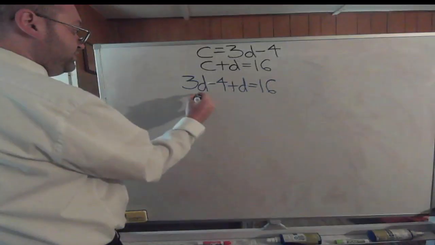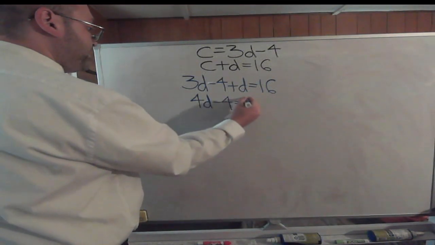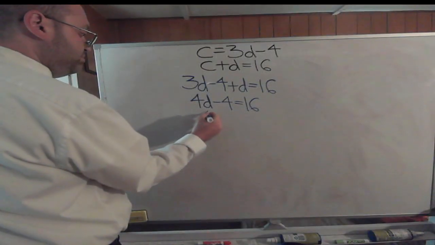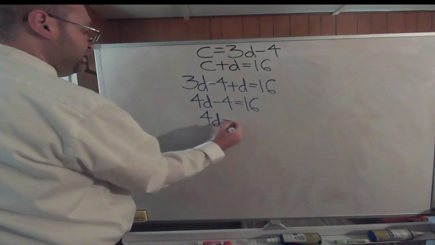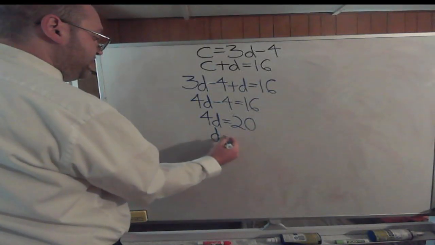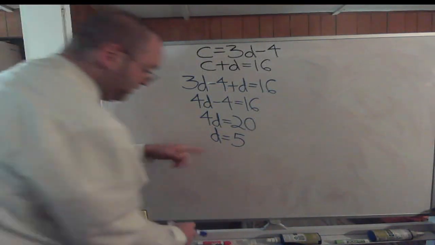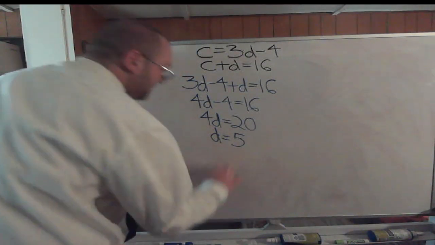which would give you 4d minus 4 equals 16, which would become 4d equals 20, which means d equals 5. So we have the d coordinate for the point of intersection being 5.